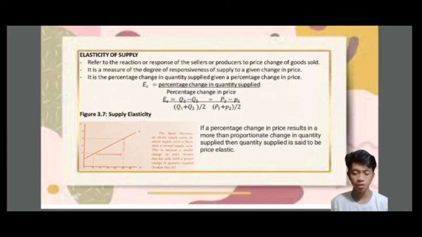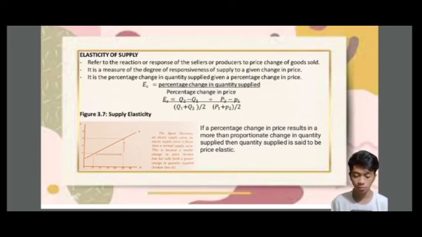The formula is percentage change in quantity supplied divided by percentage change in price, or Q2 minus Q1 divided by (Q1 plus Q2 divided by 2), then P2 minus P1 divided by (P1 plus P2 divided by 2).